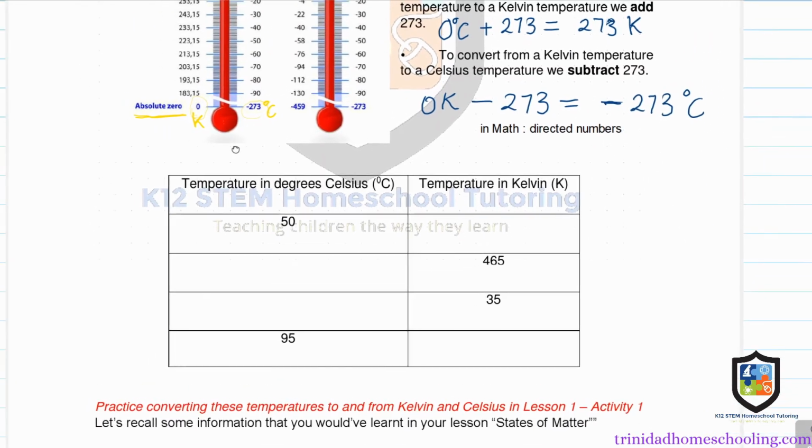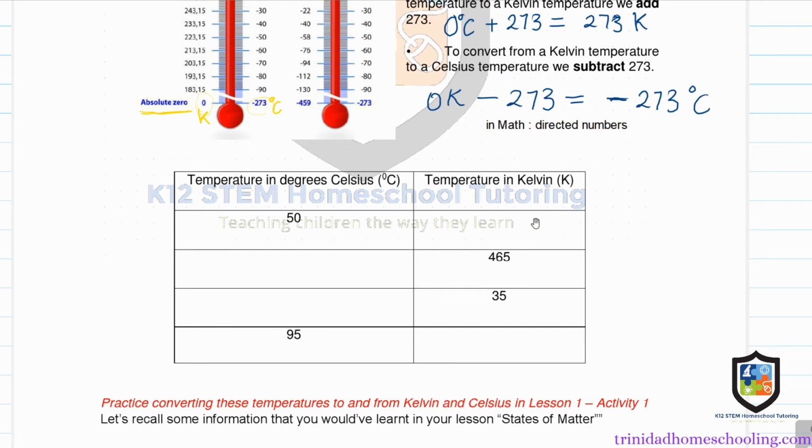Now let's convert some of these temperatures here into kelvins and from kelvins into degrees Celsius. To change 50 degrees Celsius to kelvins, we add 273. And this will give me 323. Now I don't need to write kelvins here again because our table has the units up here. Okay?